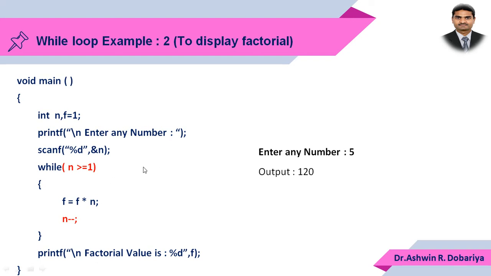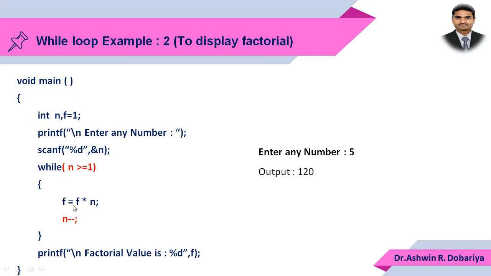Suppose I input 5, then I want to move from higher value to lower value: 5, 4, 3, 2, 1, up to 1. So the second way of writing a while loop is that we can mention the starting counter as a higher value, and then at the other side we have to mention the smaller value, and in that case we can use only the greater than relational operator.